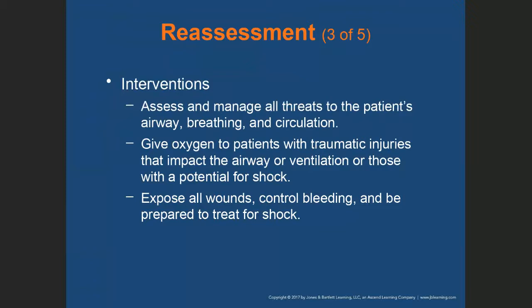Intervention, assess and manage all threats to the patient's airway, breathing, and circulation. Give oxygen to patients with traumatic injuries that impact the airway or ventilation, or those with a potential for shock. Expose all wounds, control bleeding, be prepared to treat for shock.